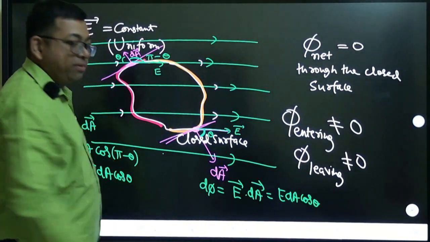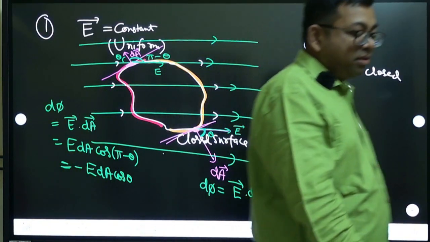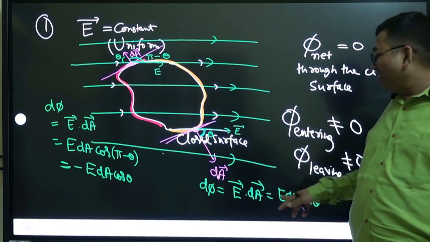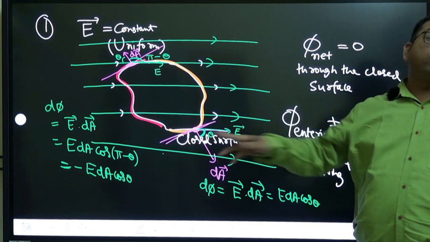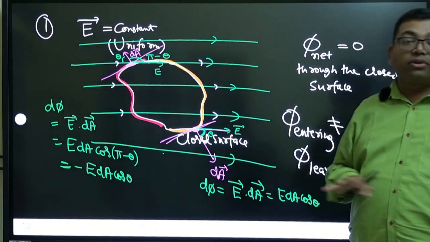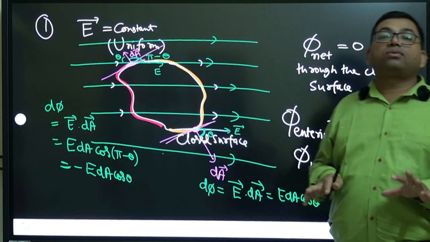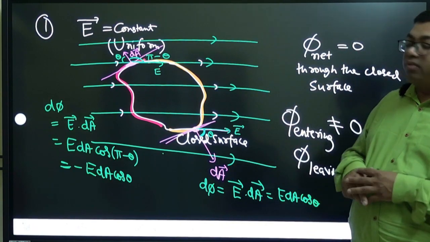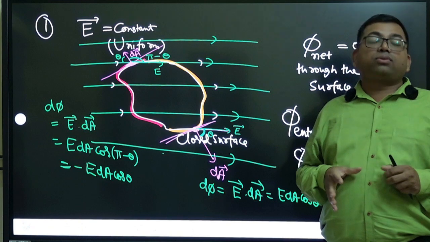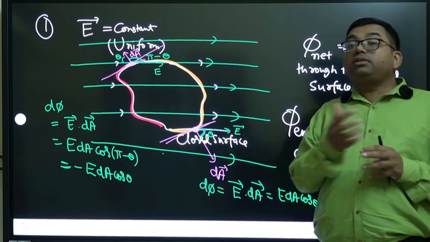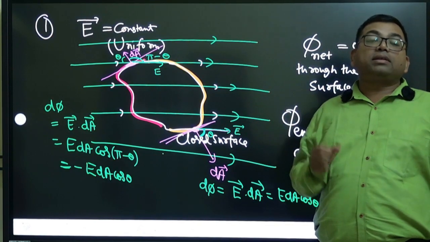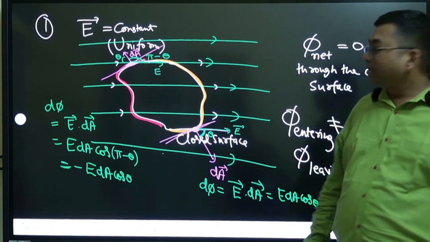These two opposite fluxes will cancel out. Because the field is uniform, the field value E is the same here and there, and the direction theta is also the same, everything is the same, so it gets cancelled out, right? So in a uniform field, for any closed surface you put, whether regular or irregular, the total flux through that surface is zero, but flux entering will be there. Similarly, flux leaving will also be there, but the sum of flux entering and flux leaving is zero. Clear? Yes.